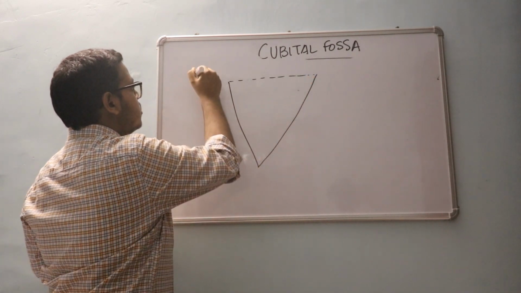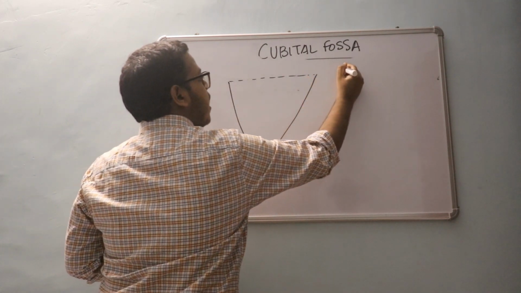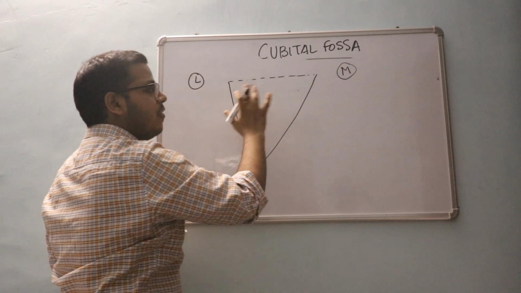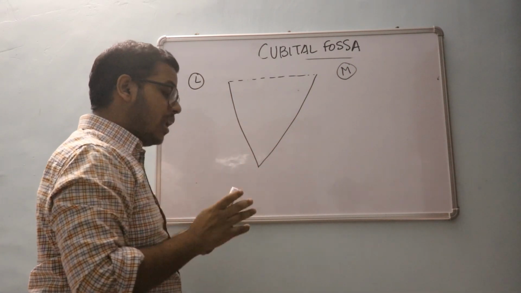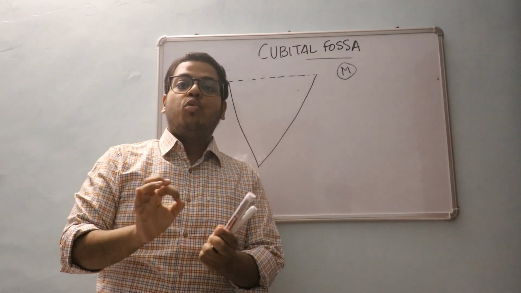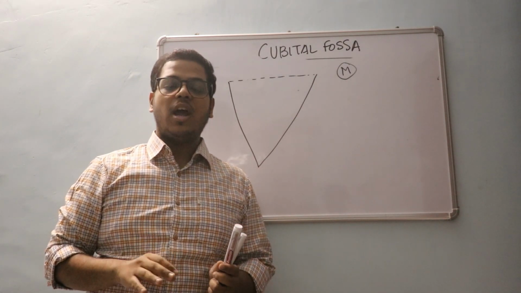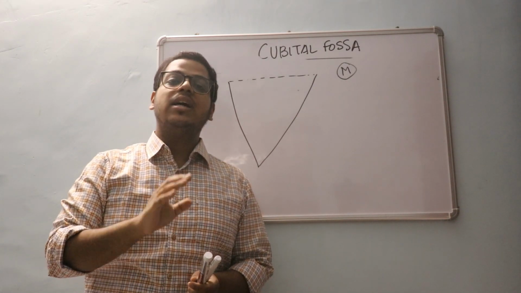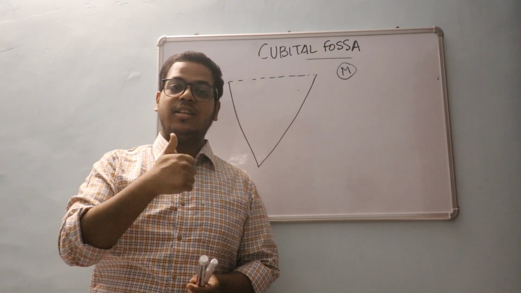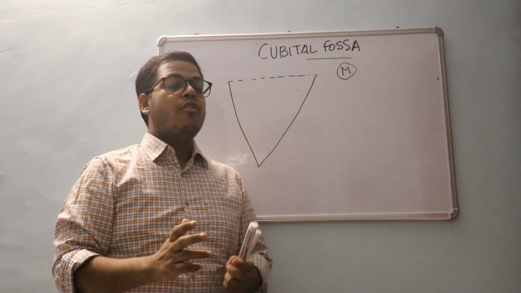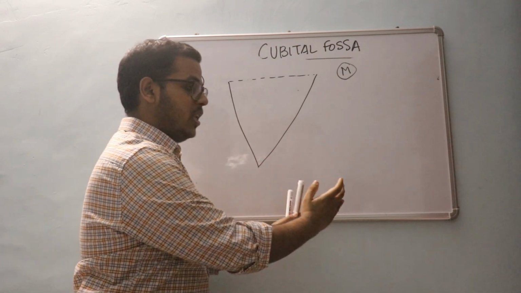This is the lateral side and this is the medial side. This is what we have kept constant from the beginning, so I am not changing it at all. Now, from lateral to medial, if you want to remember, I have got a very easy mnemonic. It is the TAN structures: tendon, artery and nerve, from the lateral to the medial side.